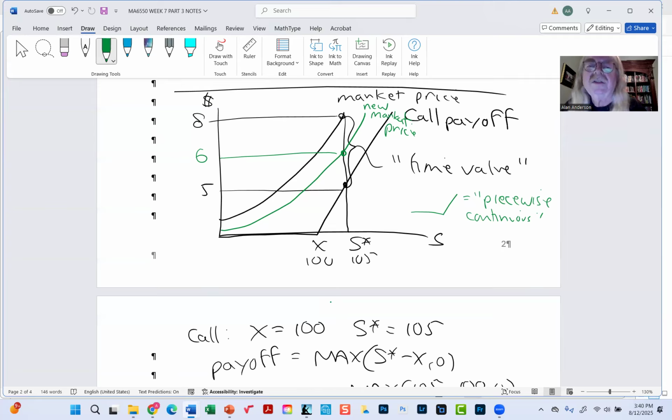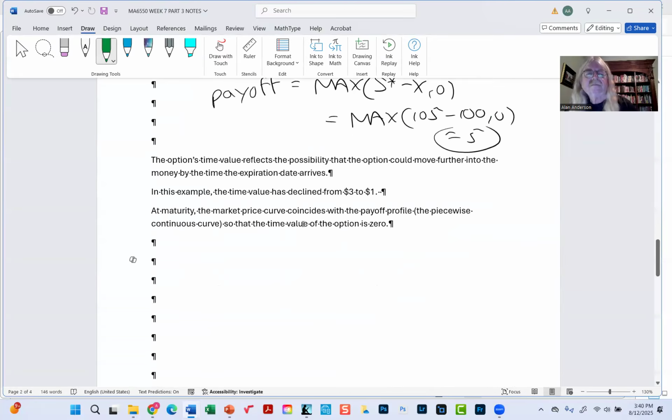So it's piecewise continuous because it's basically two functions patched together at that one point. This is how the payoff profile behaves because that's how options are defined. The market price curve is a smooth, continuous curve, but they get closer and closer to each other. And on the final day of trading, they are the same, and the time value is going to be zero.